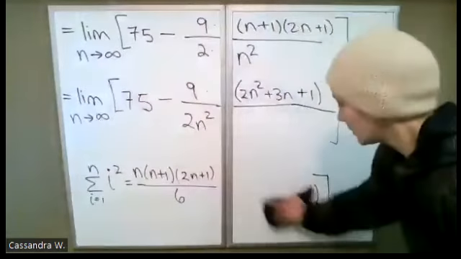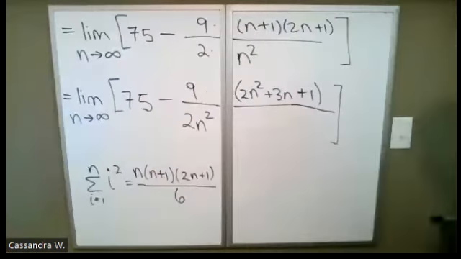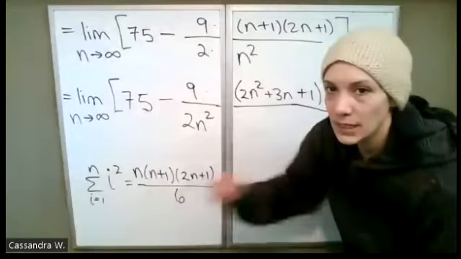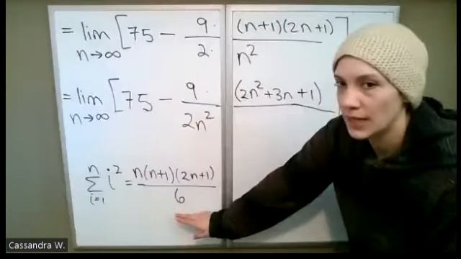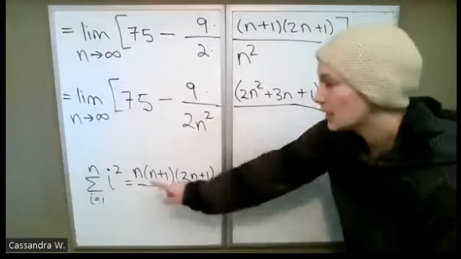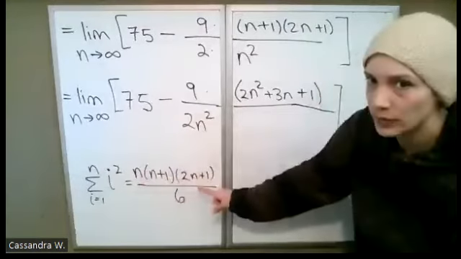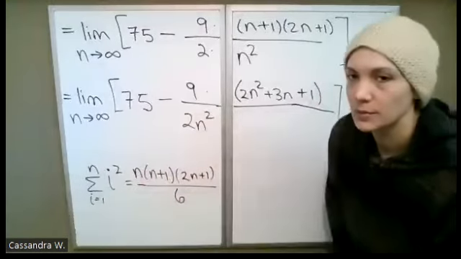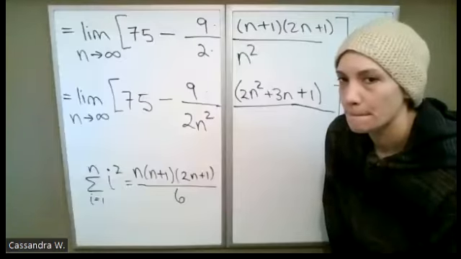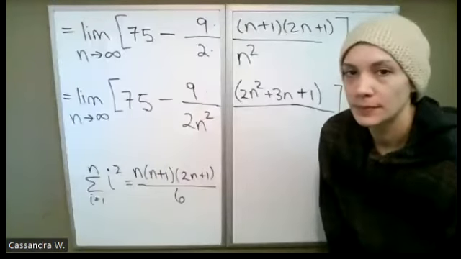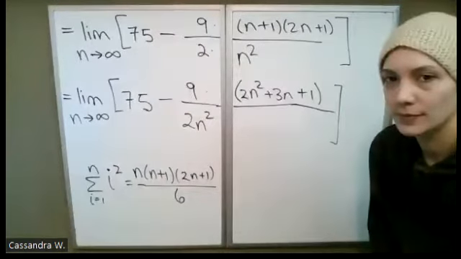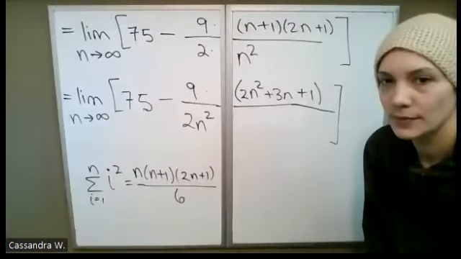So this is the rule: the sum from i equals 1 to n of i squared is always equal to n times n plus 1 times 2n plus 1 over 6. Oh, okay, I see.